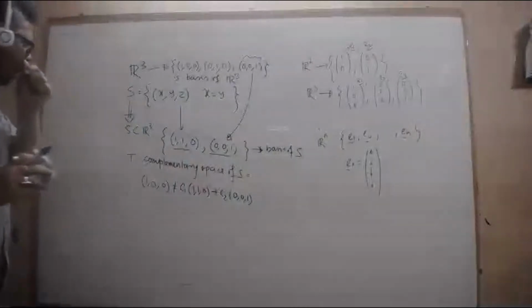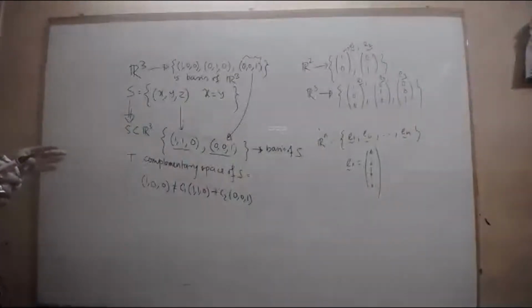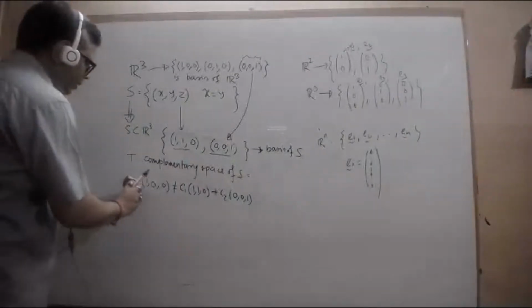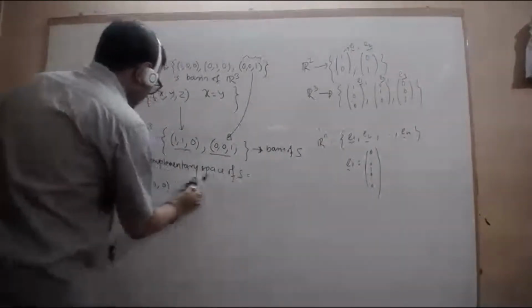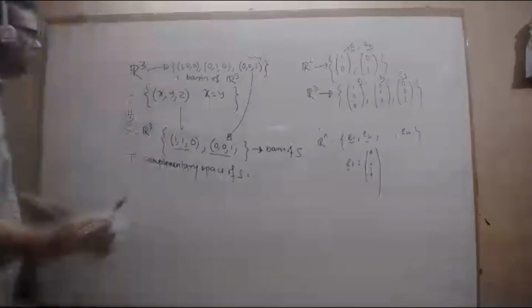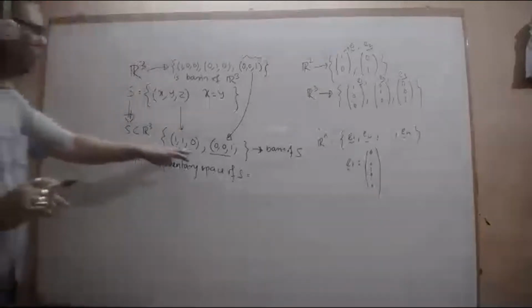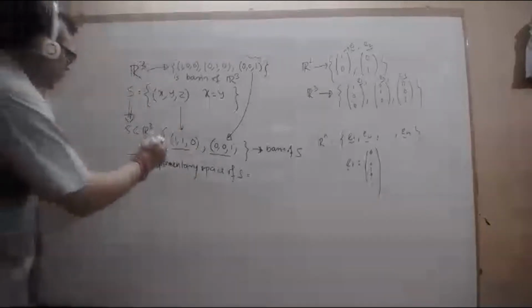Okay. So 100, you cannot write 100 as a linear combination of these two vectors.